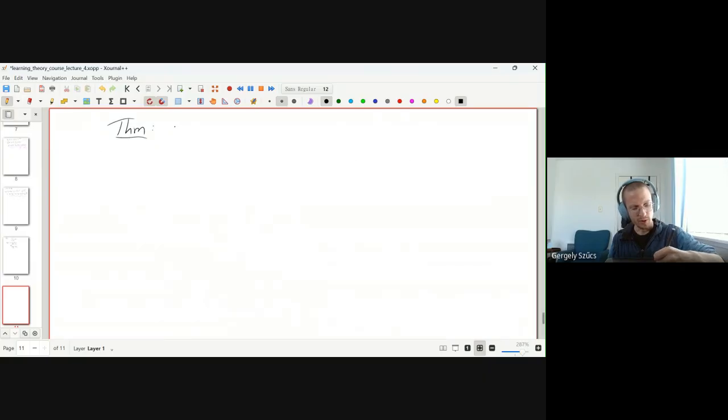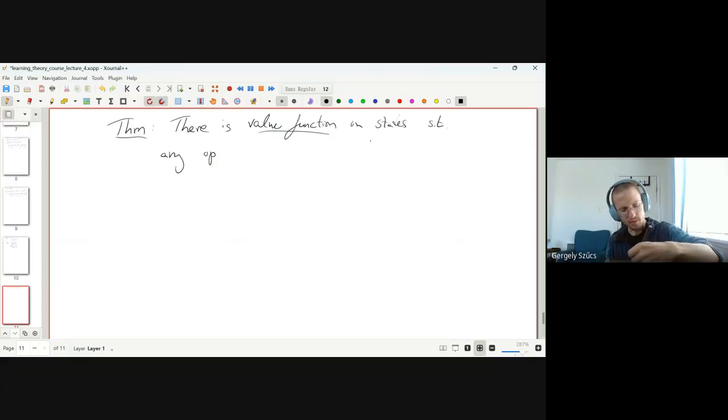this can be shown that for each MDP, there's a value function which will depend on the rewards, and it will depend on the transition kernel, on states, such that any optimal policy is greedy with respect to the value.